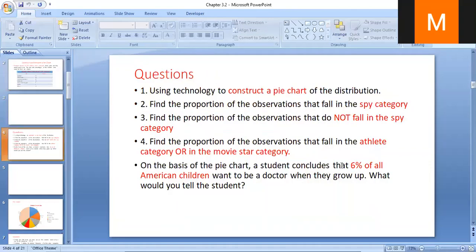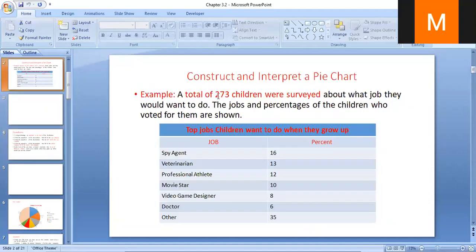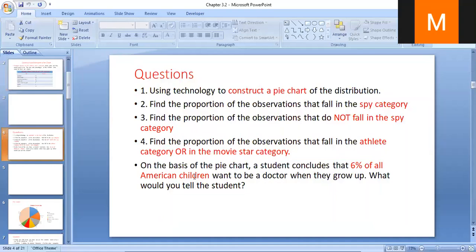So if the student concludes 6% of all American children want to be a doctor, this is not correct, because only 6% of the 273 children in the survey want to be a doctor. Not 6% of all American children. So that is the difference.